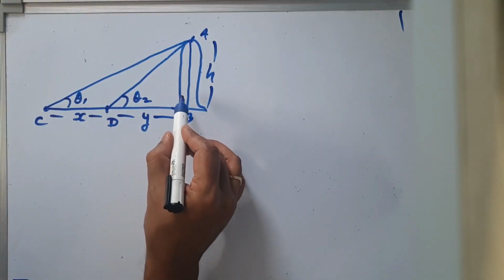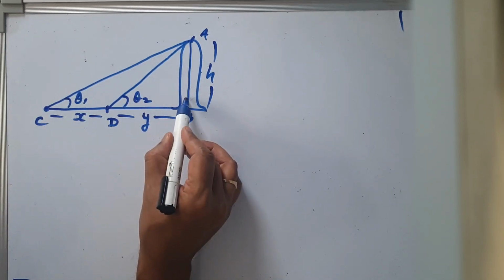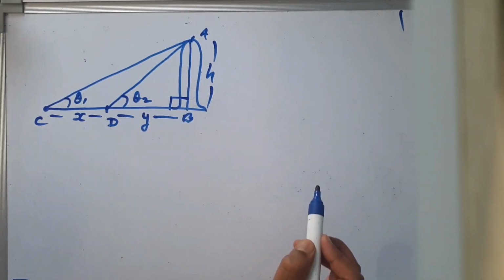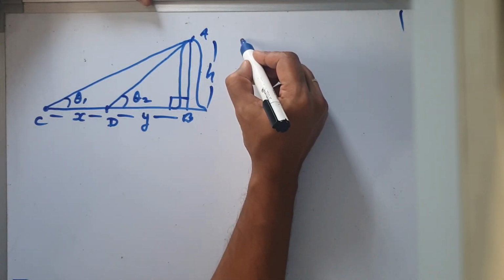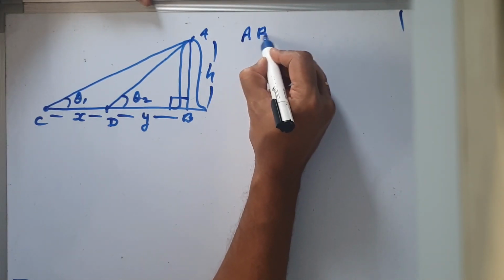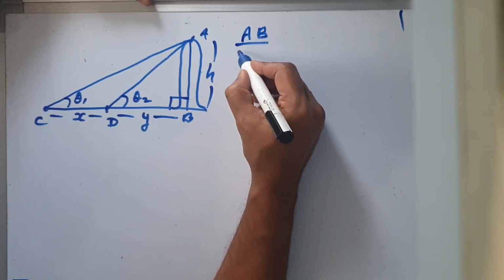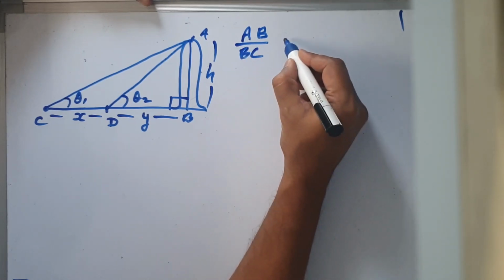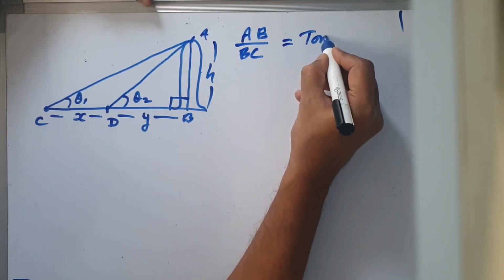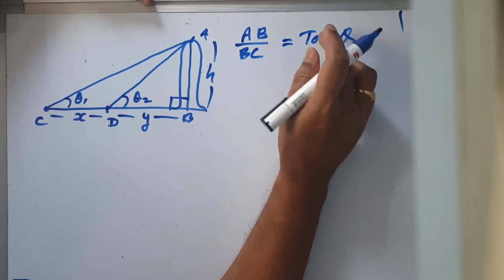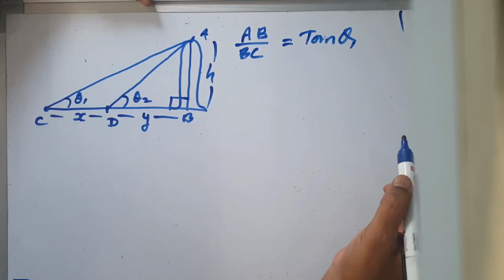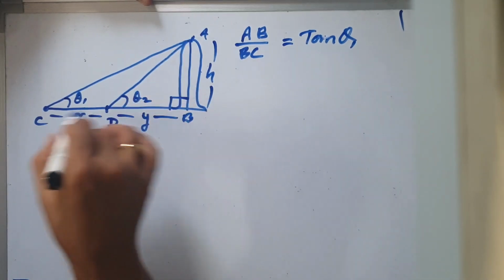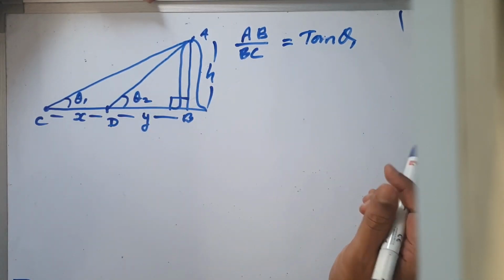Now ACB is going to be a right angle triangle. What is AB upon BC? It is tan θ1. Opposite upon adjacent is tan θ1.